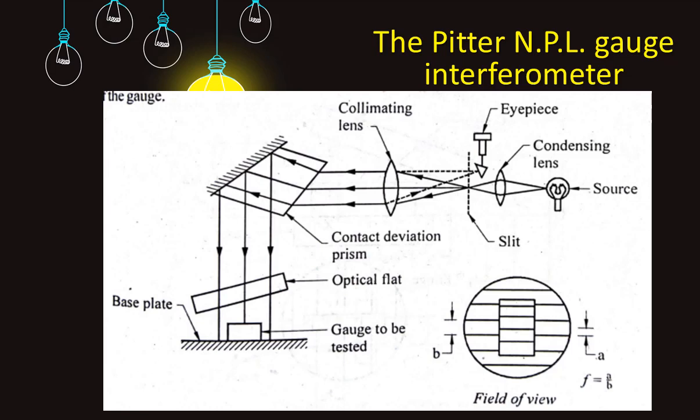This displacement is recorded for each color as a fraction of the pitch of the fringes and it is used for calculation of the length of the gauges. So by using these values A and B and some mathematical calculation, we can find the length of the gauge.